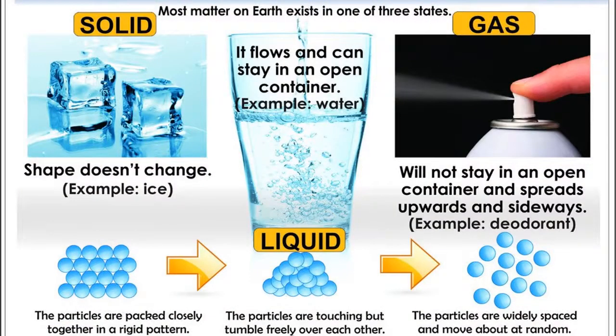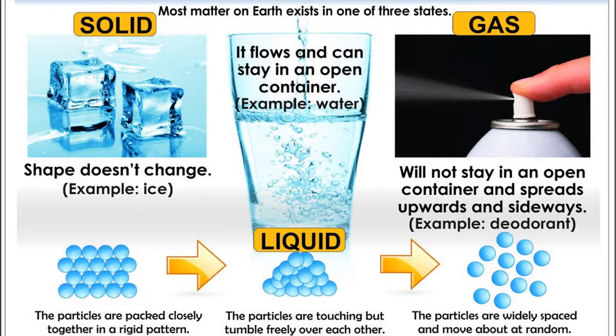As I told you, in all the three states the particles are arranged in a particular way. ठीक है, हम लोग ने पढ़े थे कि सब substances के अंदर particles present होते हैं. अब ये जो particles हैं ये किस तरीके से arrange हैं वो differ करता है from substance to substance. First, most matter on earth exists in one of the three states.